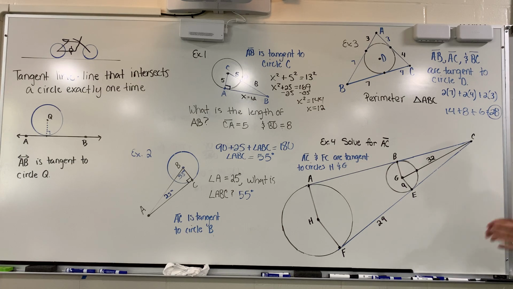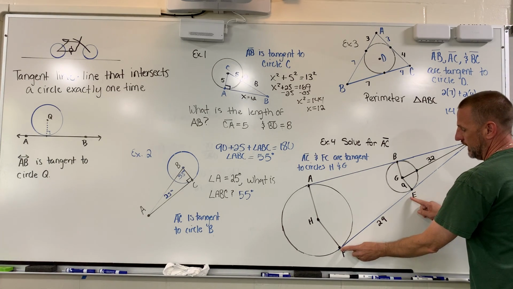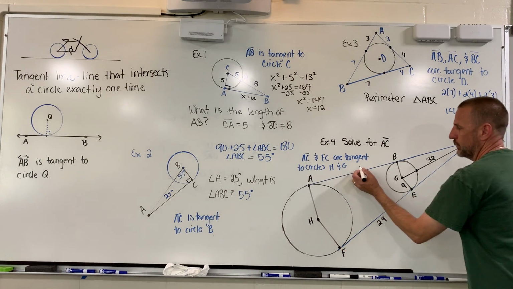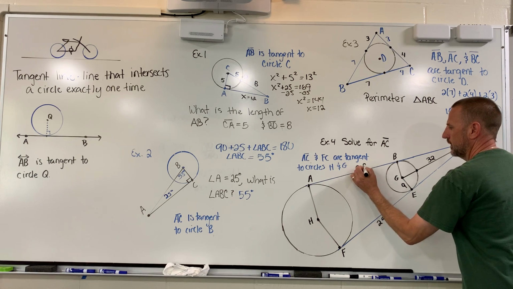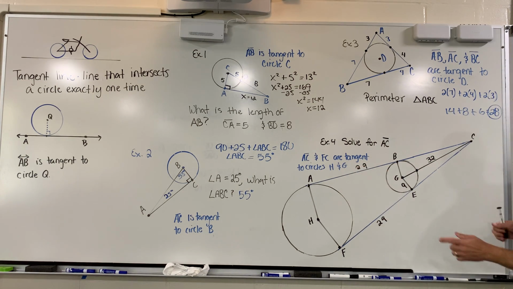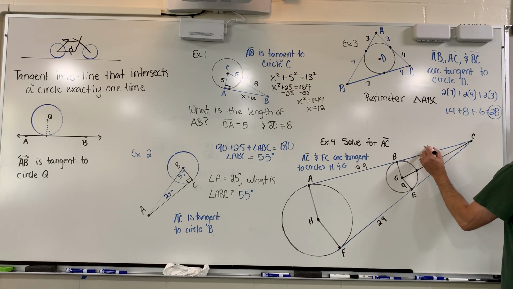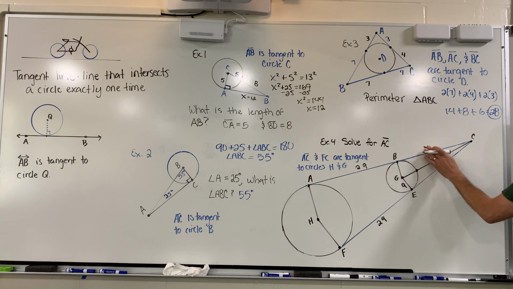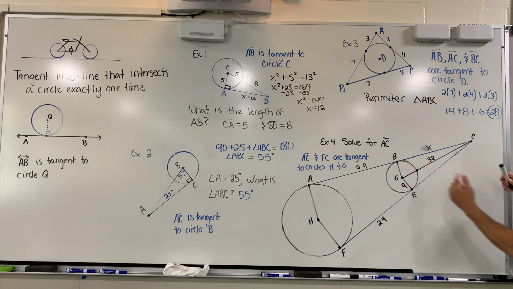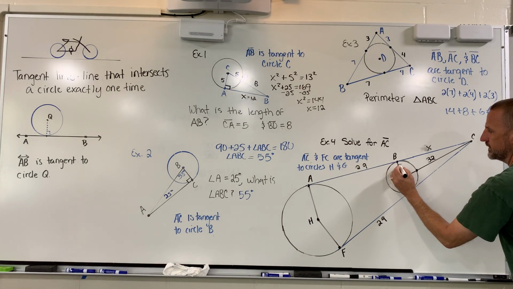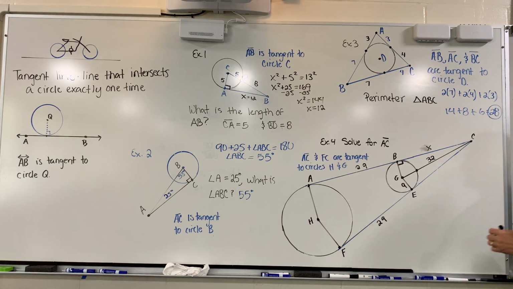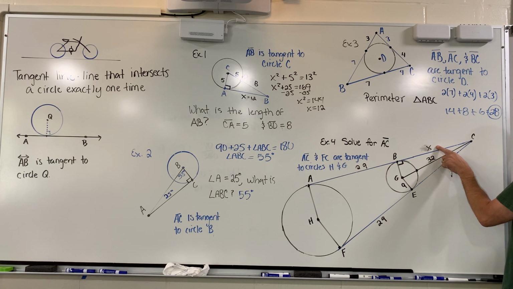Well, looking at that, I have a 29 here, which means I could put 29 here. But what I'm missing out of this whole situation is the distance from B to C. And I don't have that. But as I just drew that in, I noticed that the segment from B to C is part of this triangle, which is a 90-degree triangle, which means it's a right triangle, and I need to figure out this distance.